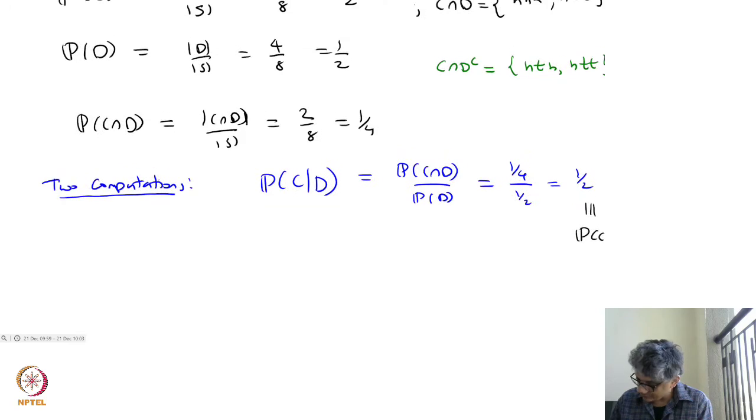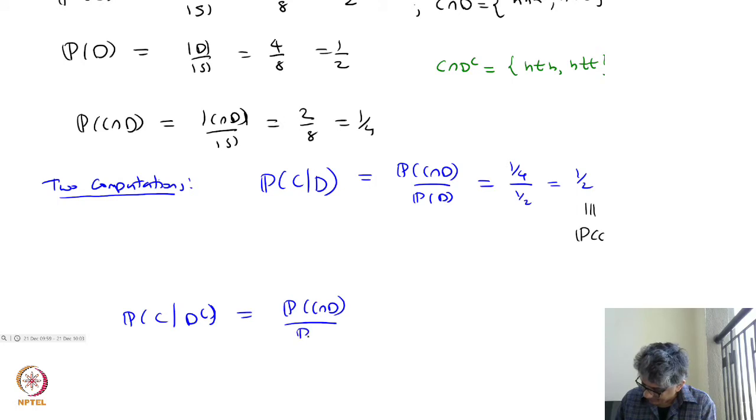So you can also see the probability of C given D complement is equal to probability of C and D complement divided by probability of D complement.